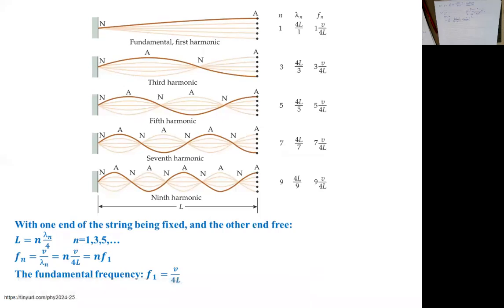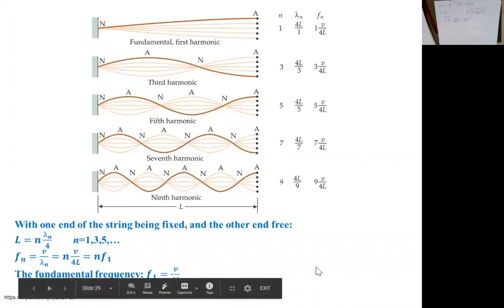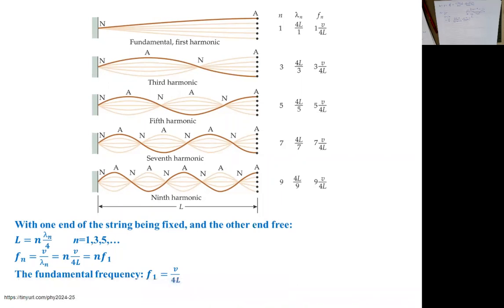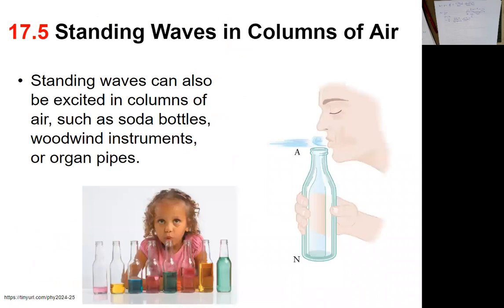In the previous case, it was v divided by 2L. This time it's v divided by 4L.